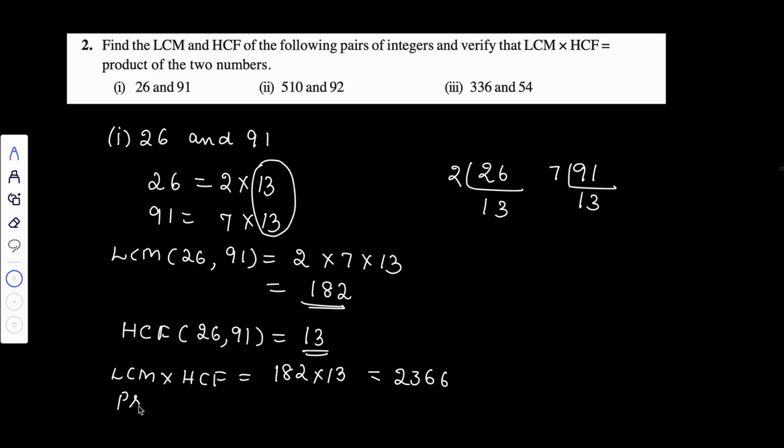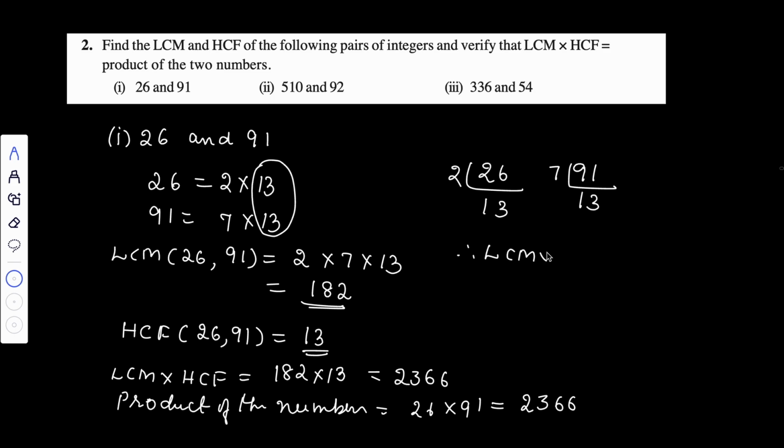And product of the numbers, we should multiply 26 into 91 and you will get here 2366. So what we can understand, LCM into HCF is equal to product of the numbers.